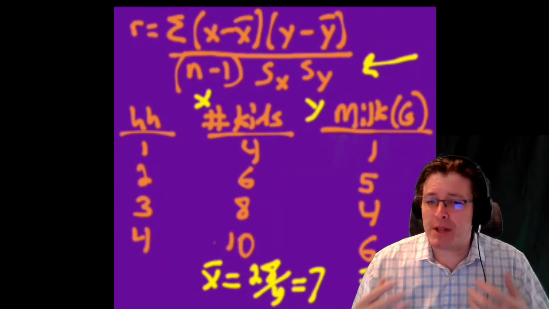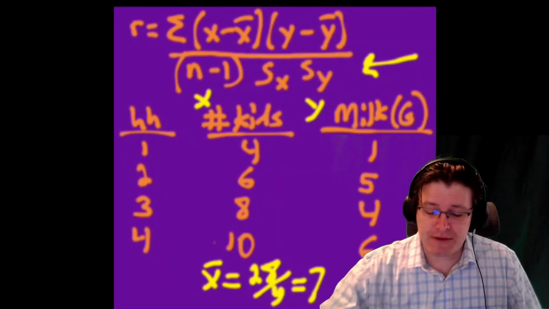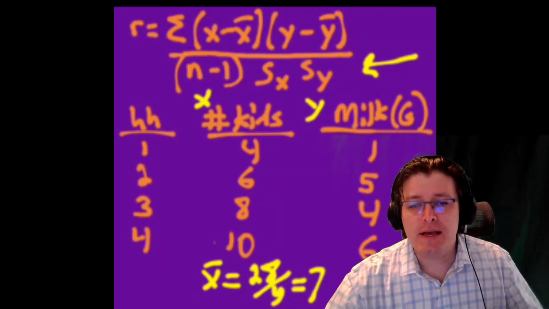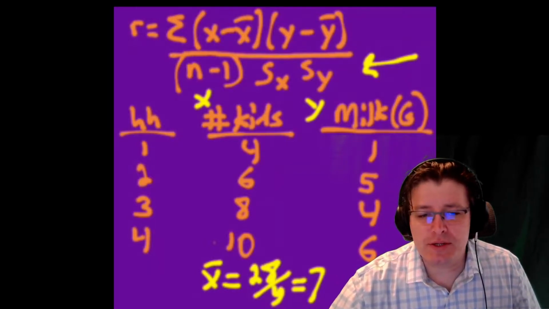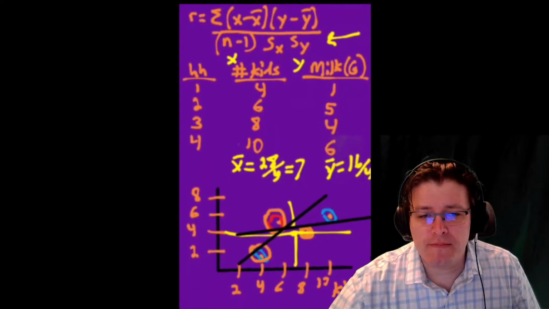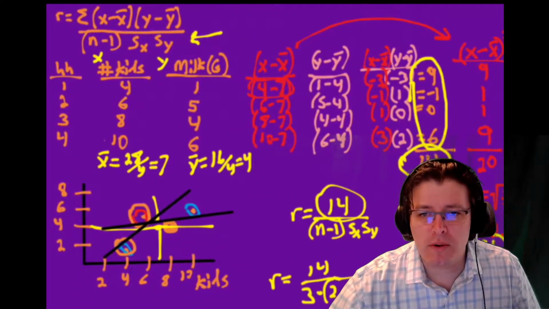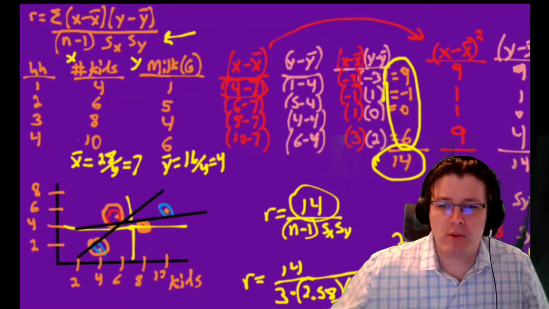And just by plotting it, we could see that there's probably a positive relationship, but can we put a numerical value on that? Can we discuss the linear relationship between these two variables more definitively?